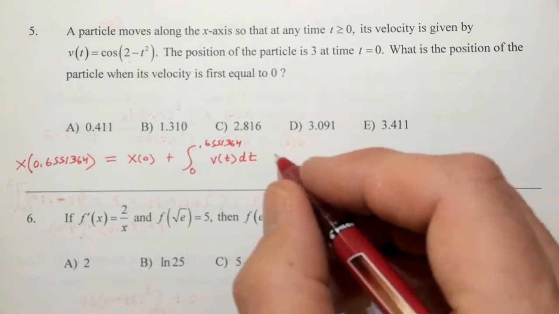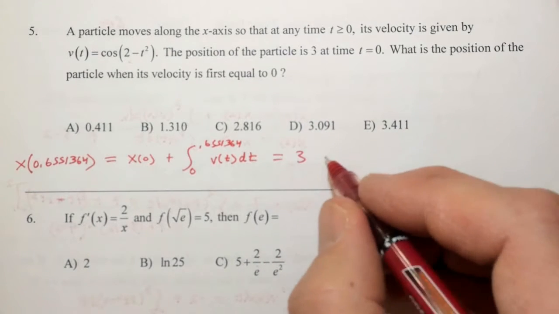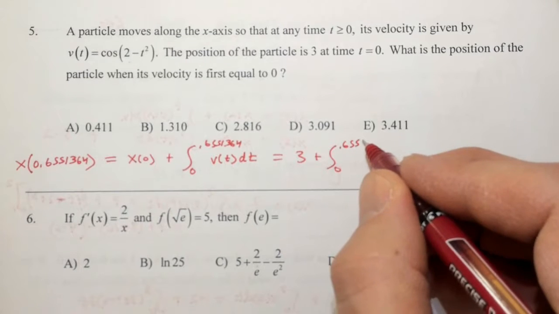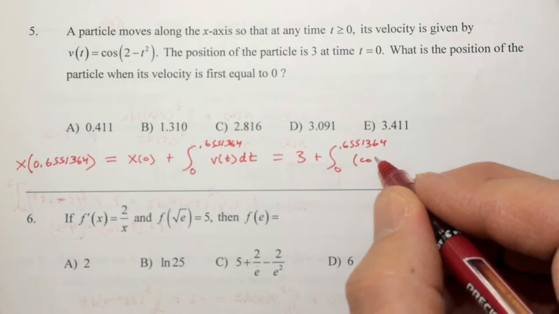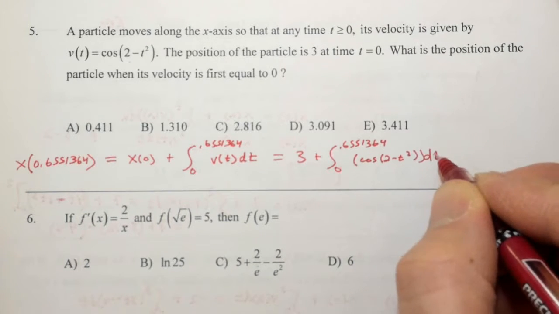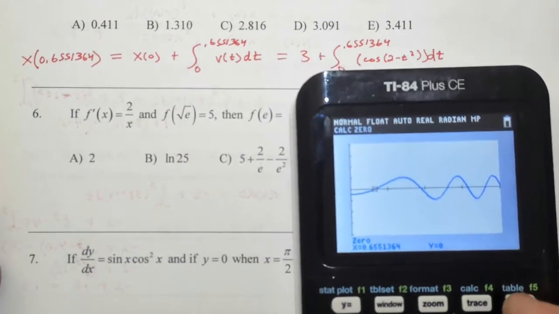Okay, so we know that x of 0 is 3, and so we're going to do 3 plus the integral from 0 to 0.6551364 of cosine of 2 minus t squared dt. So we go back to the calculator, on the screen here.